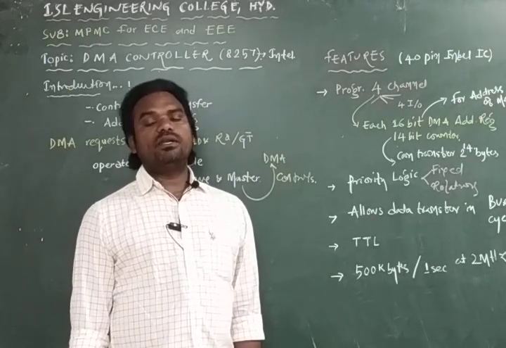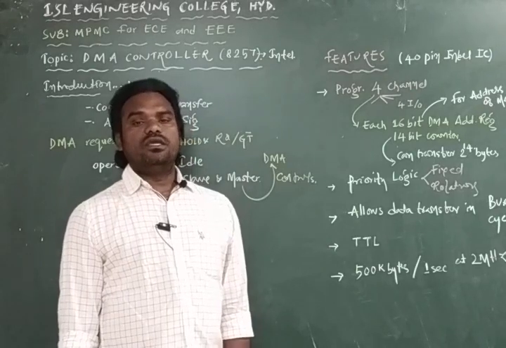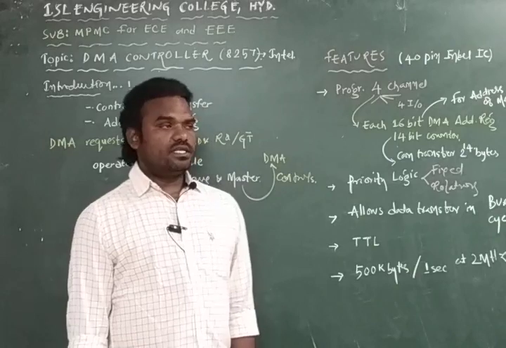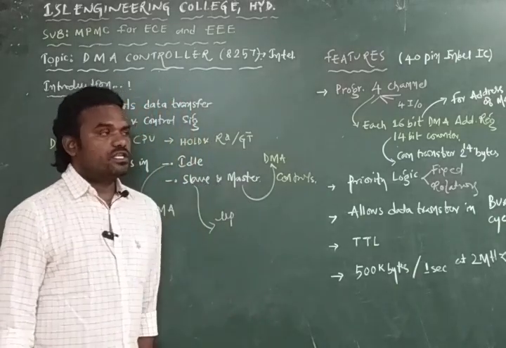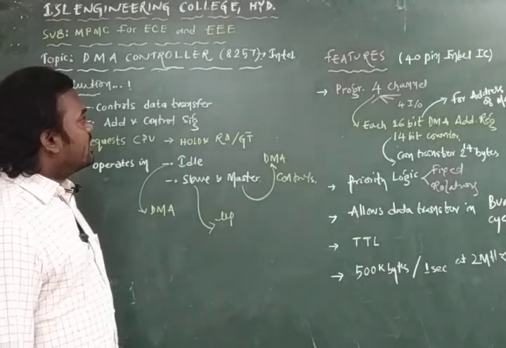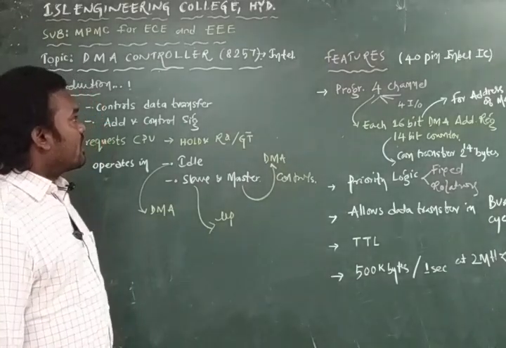It is a programmable integrated circuit. According to the user program, it performs its function, so it is a DMA controller. It is a programmable integrated circuit fabricated by Intel.